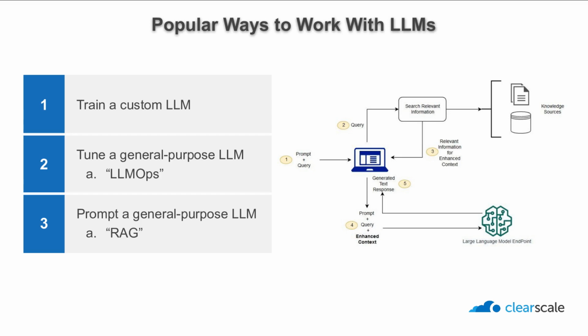And the first step it takes is it goes to a centralized data store or a knowledge source that you've predefined, and it gathers relevant information or enhanced context that has something to do with the question or the demand or required output that you're trying to seek within those knowledge sources.